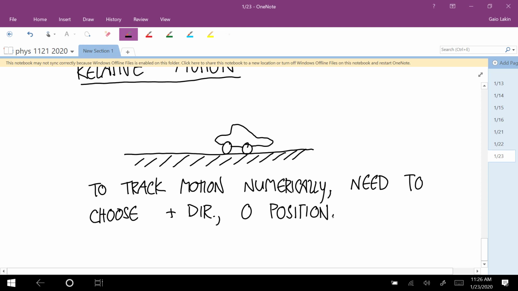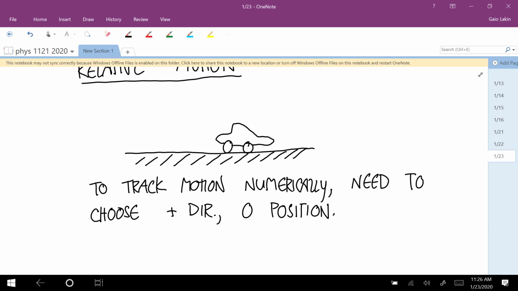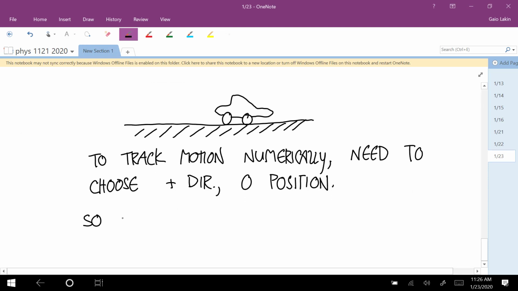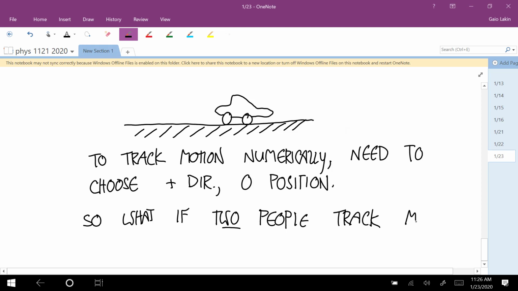So imagine that 2 different independent people are tracking the motion of this object, using different 0 positions.